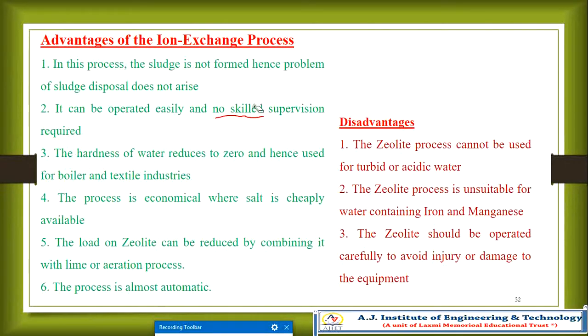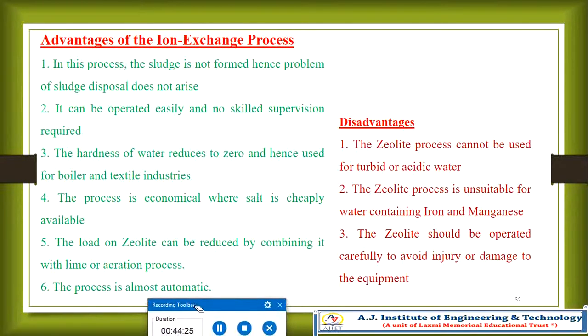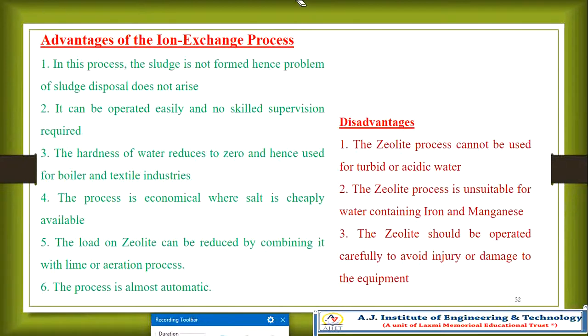So these are the advantages: little sludge disposal, no skilled supervision, hardness of water reduced, economical because salt is cheap, reduced zeolite load, and an almost automatic process.